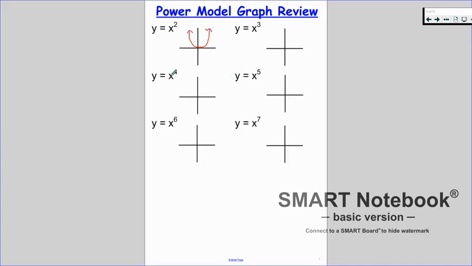And then what we know is that x to the fourth is going to have a similar shape because when I take a negative number and multiply it an even number of times, it's going to end up positive. So it's still going to be this particular shape. It does go up faster when I get to the right of 1 and left of negative 1, but it actually is a little flatter between negative 1 and 1.